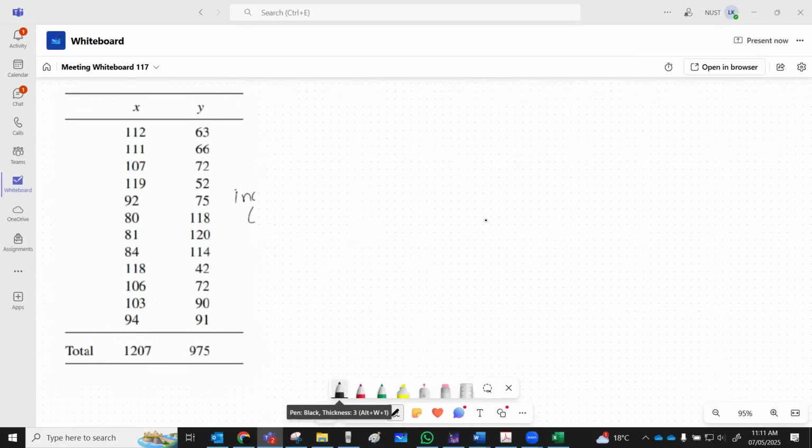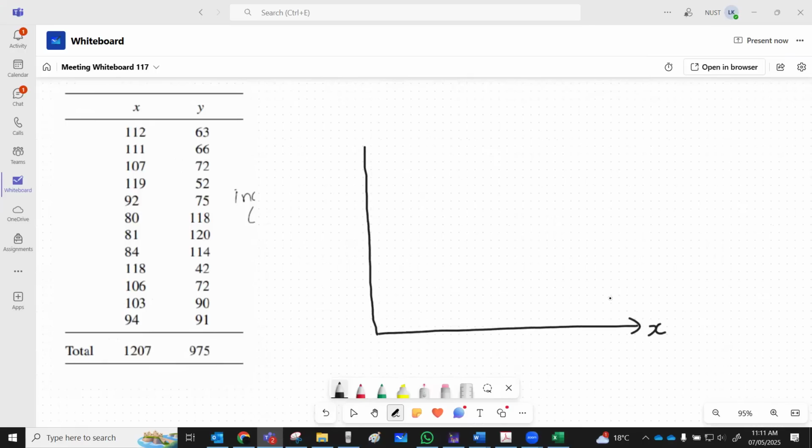Okay. So like I said, we have our x and our y-axis. So this is the weight, and here is the weight increase in percentage. We write something like this to show that we're not starting at 0.